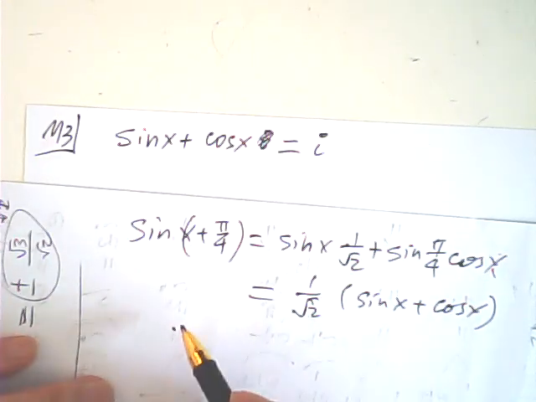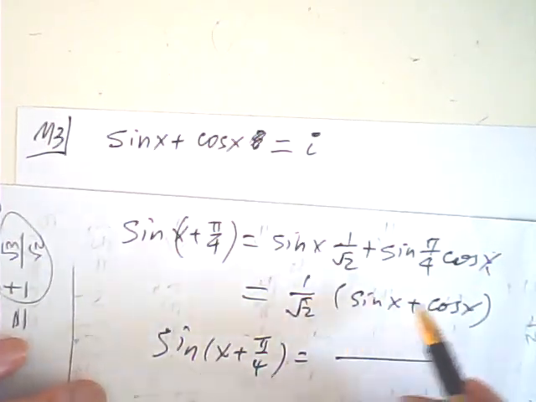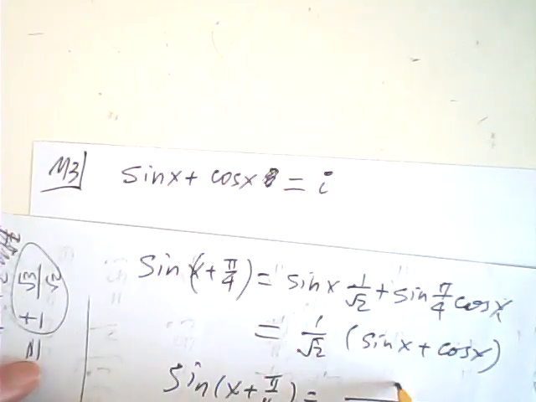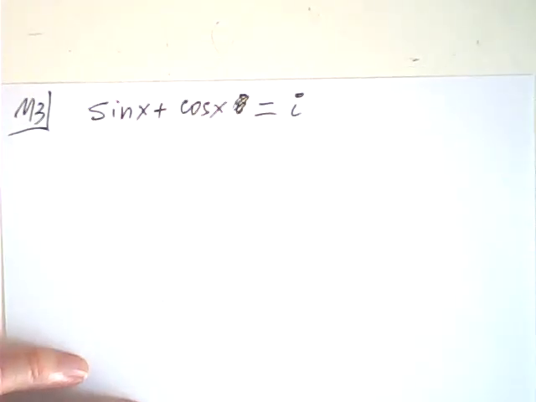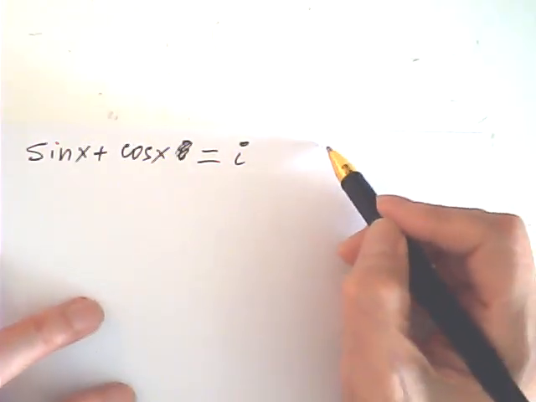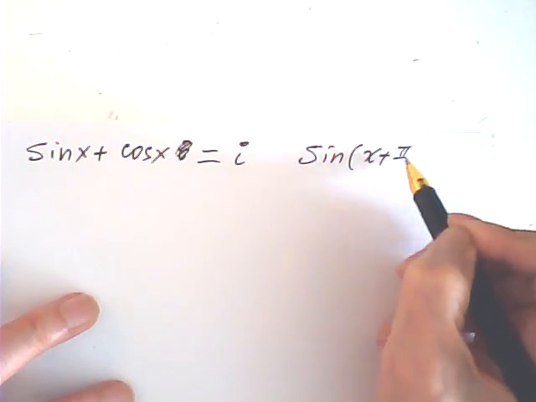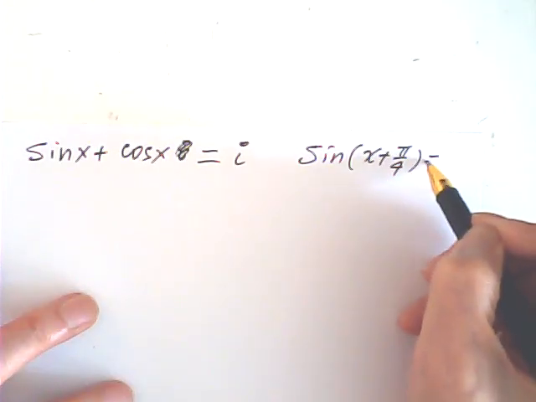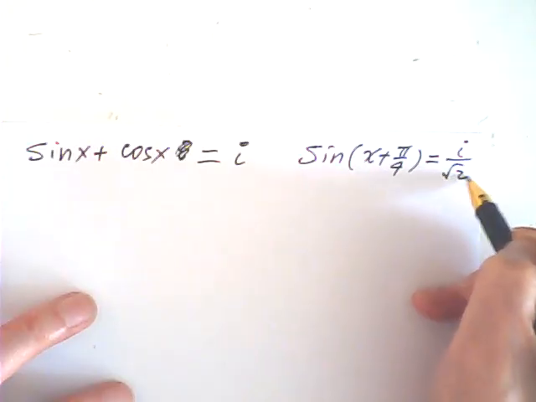So that means sine of x plus quarter pi is equal to, well, this is i, right? So I divided by root 2. So what is sine of x plus quarter pi? i plus root 2?